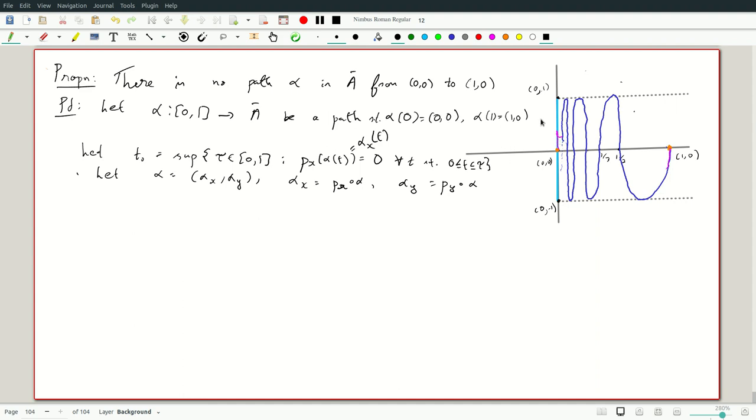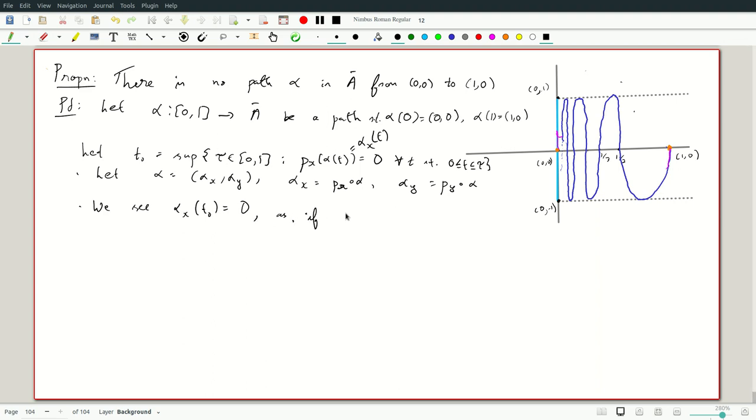Well, what is the idea? We'll take a ball around the image of this point. So first of all, we can claim alpha x of t0 equals 0 by continuity. Okay, why is that? There are a couple of cases here. One case is where t0 is equal to 0, in which case we know it by definition.